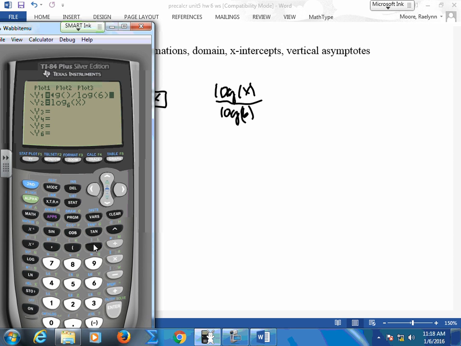And see if it gives me the same graph. Oops, I had a log x in there. So, same graph, right? So change of base, you can do it that way.